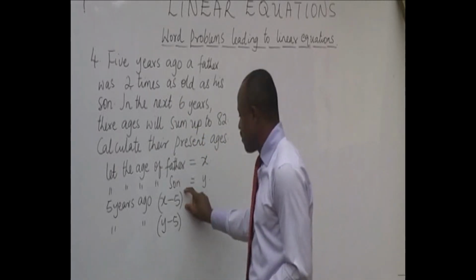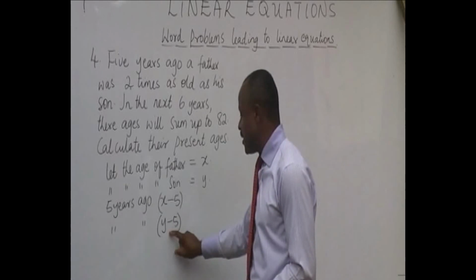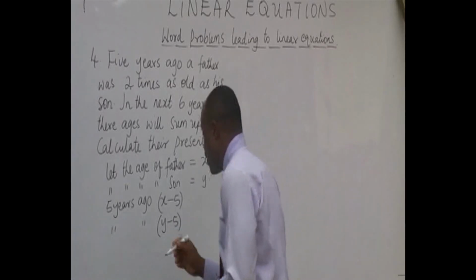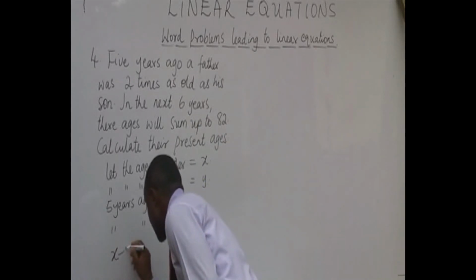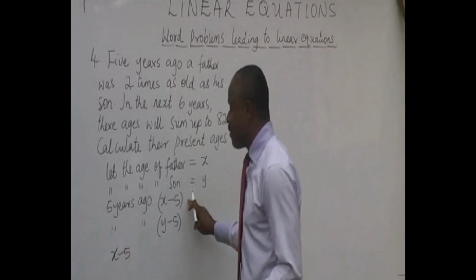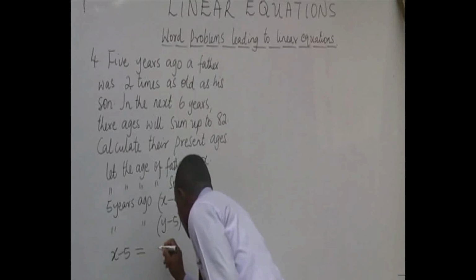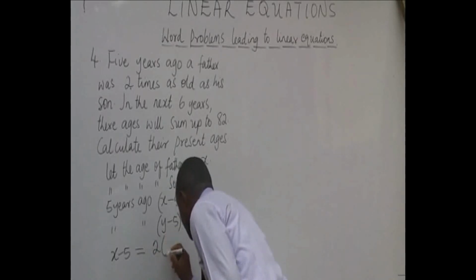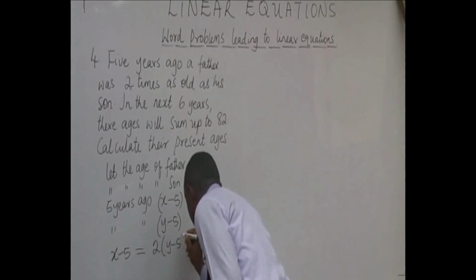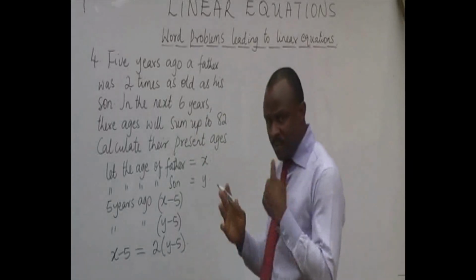That means the age of the father is 2 times the age of the son. That will give you that X minus 5, the age of the father 5 years ago, is equal to 2 times the age of the son 5 years ago. It's a simple reasoning.